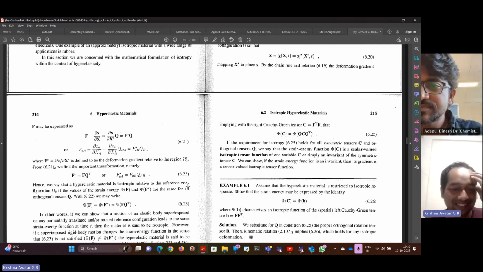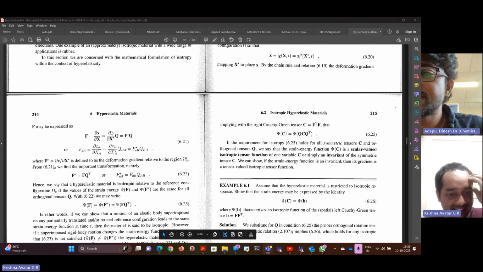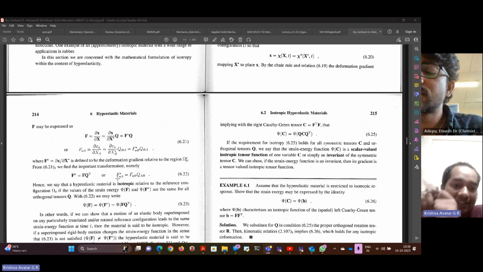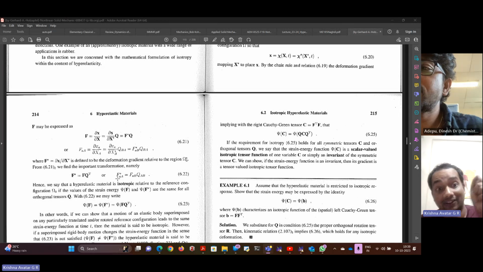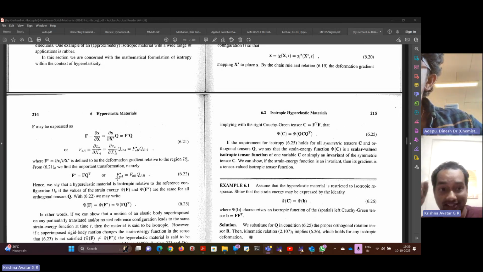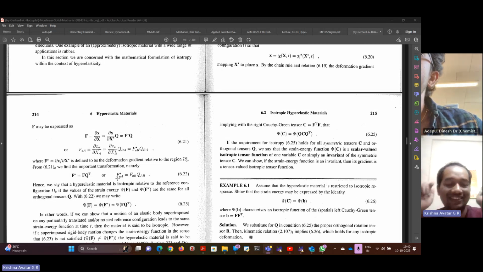So it holds only for classical mechanics, where it's assumed to be the same, or the time difference is so small that it's equal to 0. When you talk about objectivity, you take both into account. Time and space both should change, and the material response to a particular set of loading should still be the same. It has a much stricter condition, but generally we don't use it.